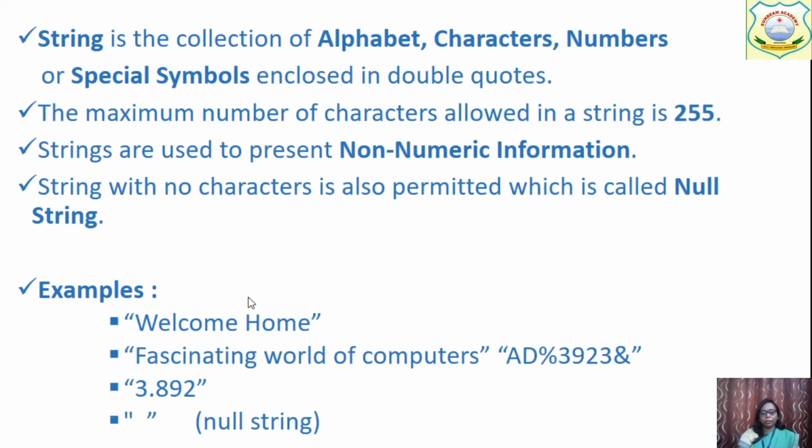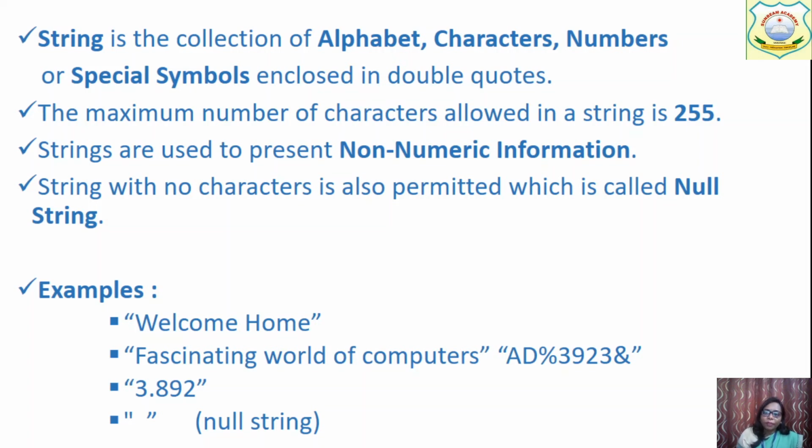What is a string? A string is a collection of alphabets, characters, numbers or special symbols enclosed in double quotes. Just remember any print statement program. There you write print, this is the first program or whatever. That is nothing but the string. String constant में क्या होता है?